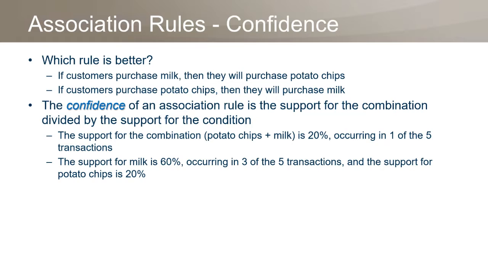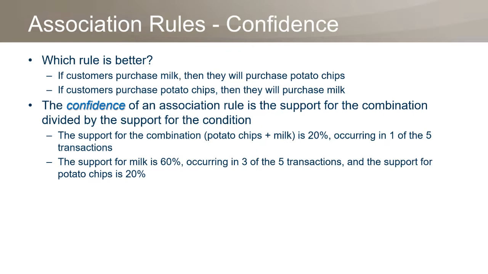So this is the support for the combination divided by the support for the condition. The combination, in this case potato chips and milk, is 0.2. It appears in 1 out of 5 transactions. And support for milk is 0.6 or 60% because it is in 3 out of 5 transactions.